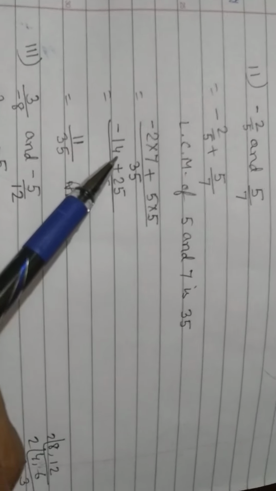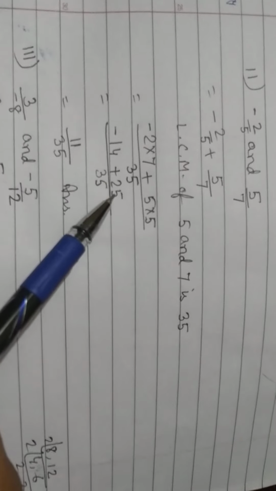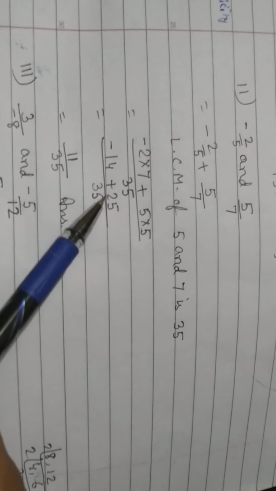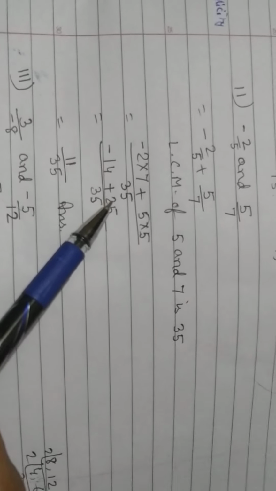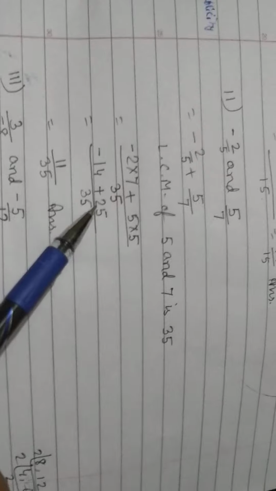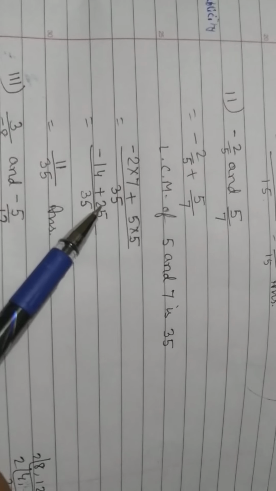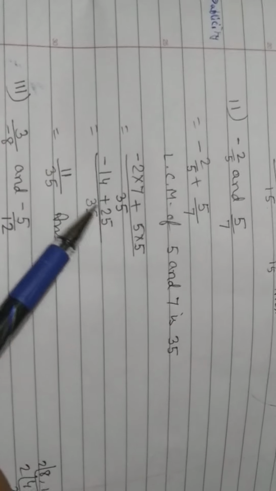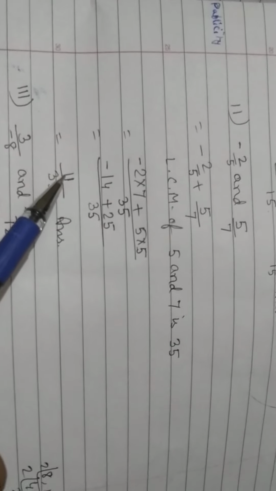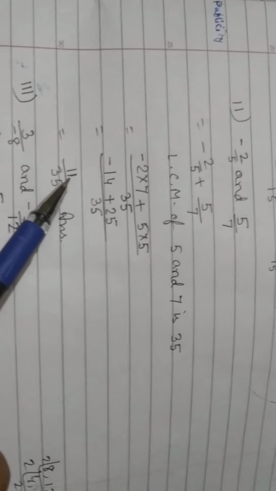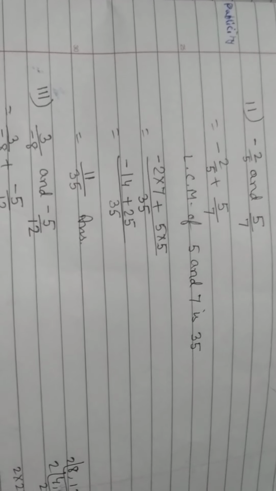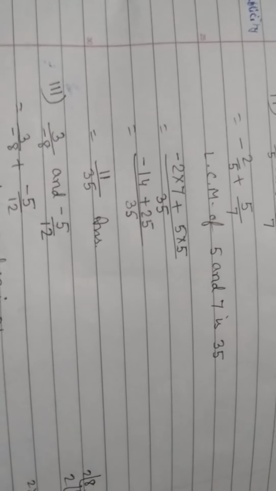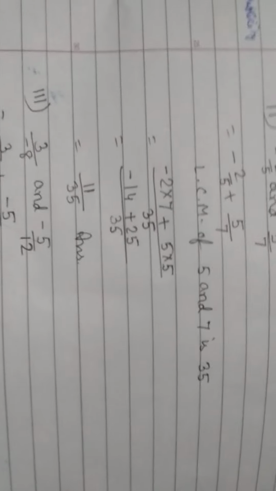If we subtract 14 from 25, we get 11. 25 was the greater number and its sign was positive, so the number will be positive. The sign was plus, so here the number will also be plus. We do not need to write the plus sign, so the number becomes 11 by 35. The answer is 11 by 35.